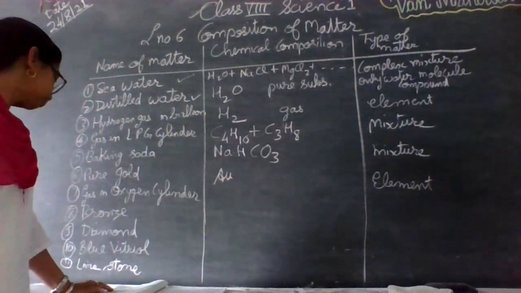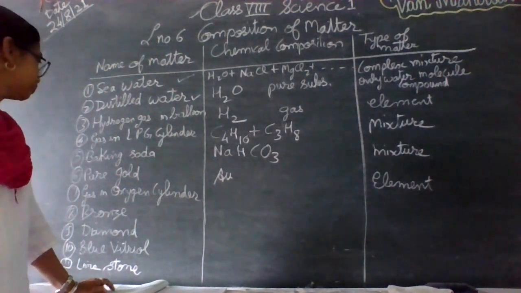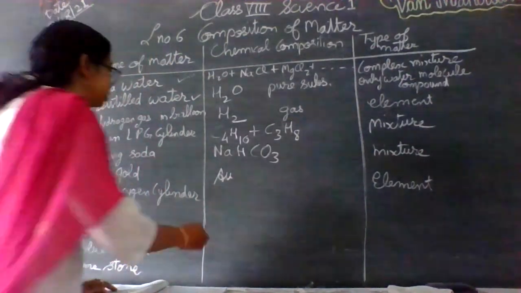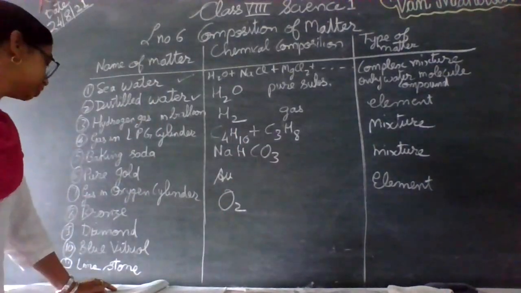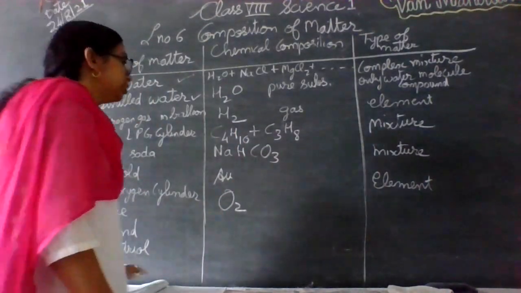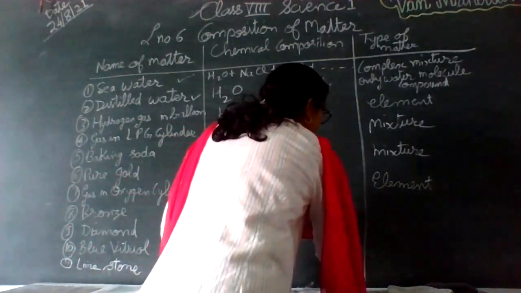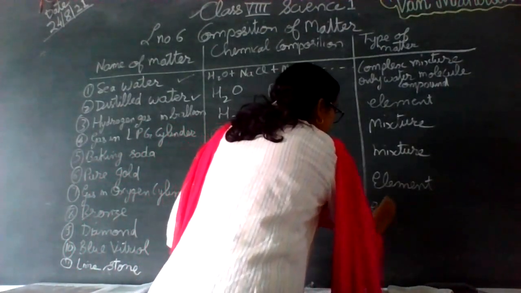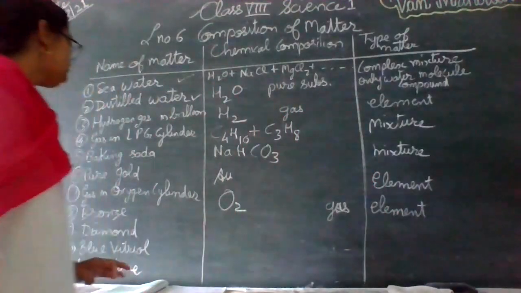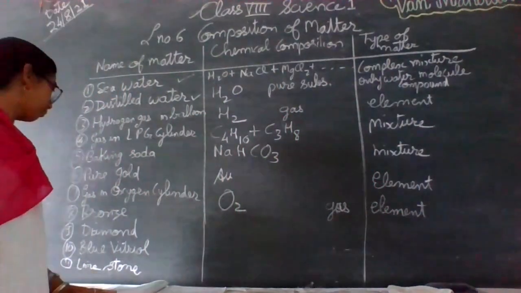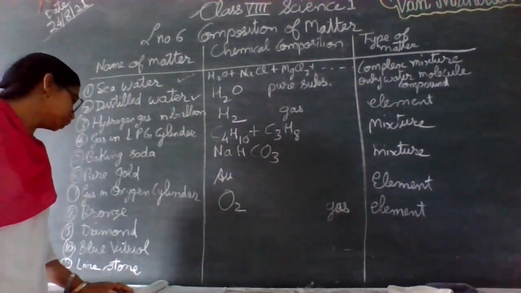Next one, the gas that is filled in an oxygen cylinder. In an oxygen cylinder, we have only oxygen gas. Only oxygen. Therefore, this is in gaseous form, in elemental form. It's not a mixture, not a compound. Next one is bronze.